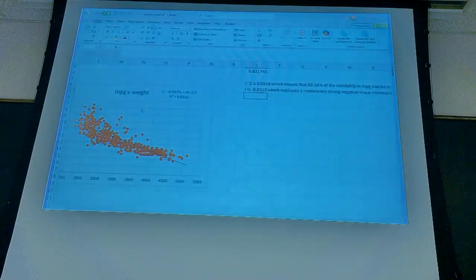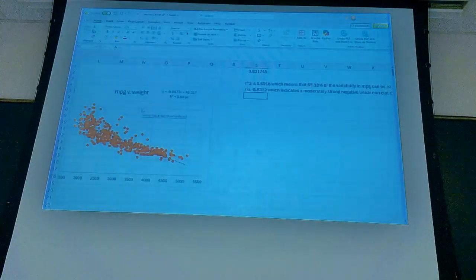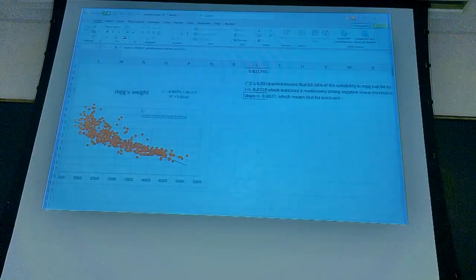We also wanted to interpret slope in context. I'm assuming it weights in pounds.